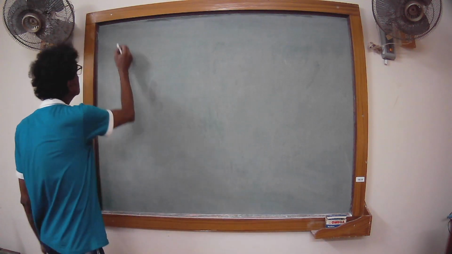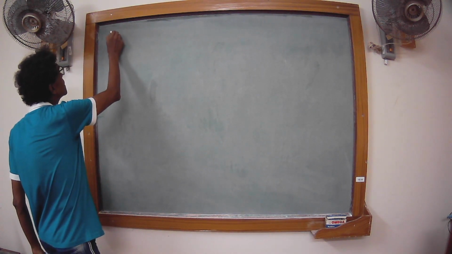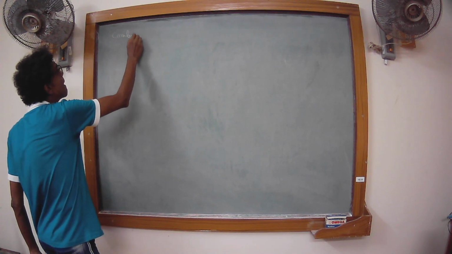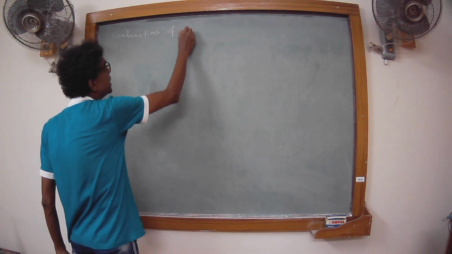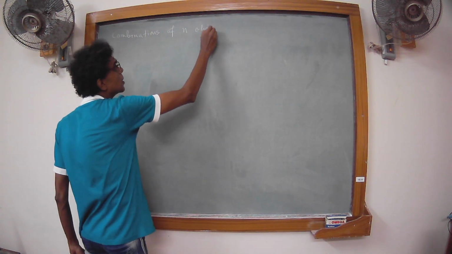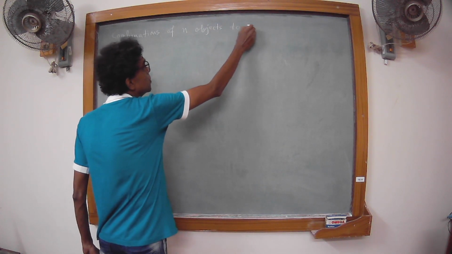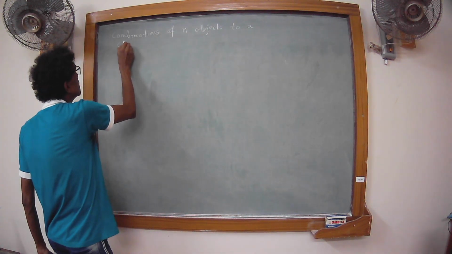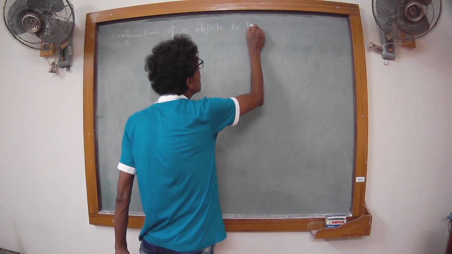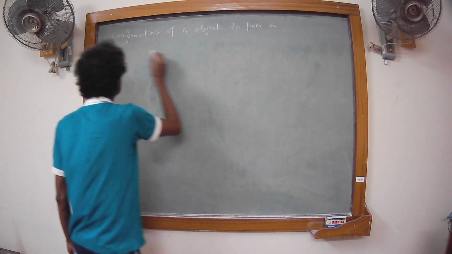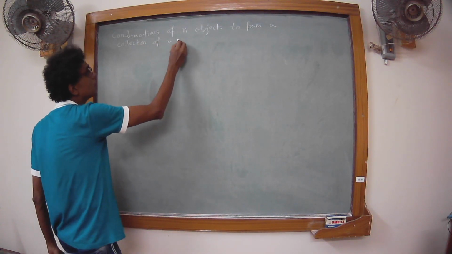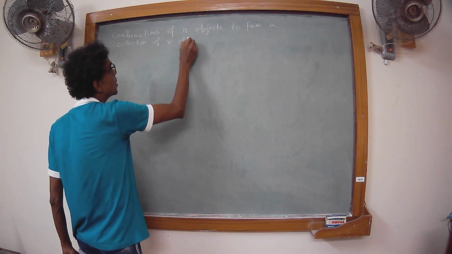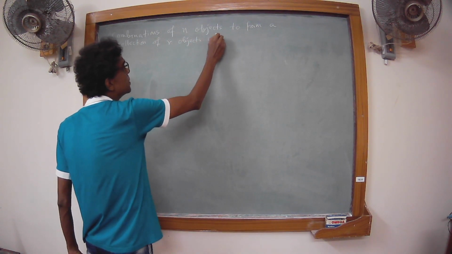In the last lecture we have seen that the total number of combinations of n objects to form a collection of R objects with repetition.